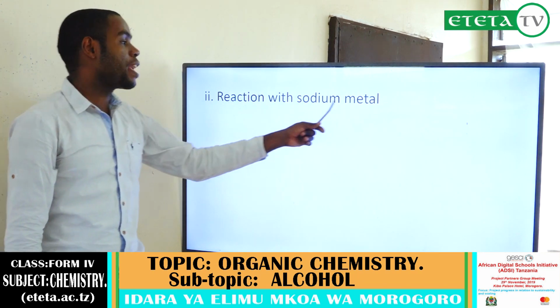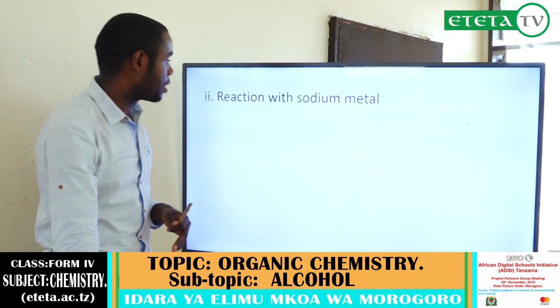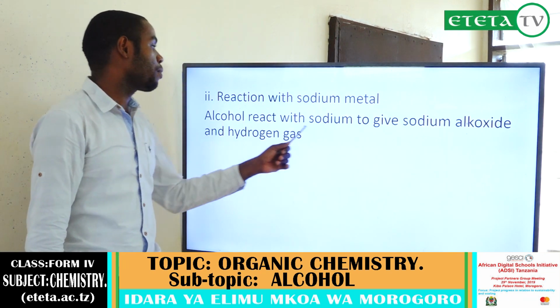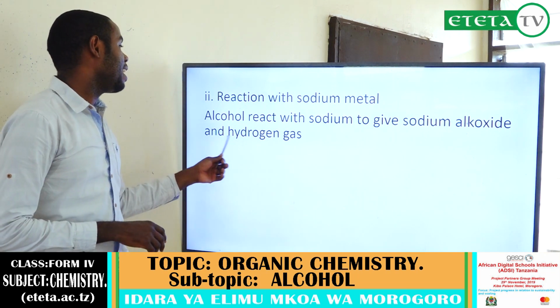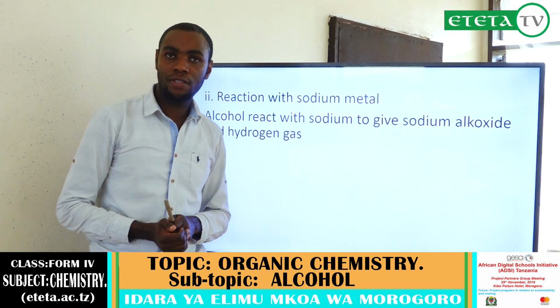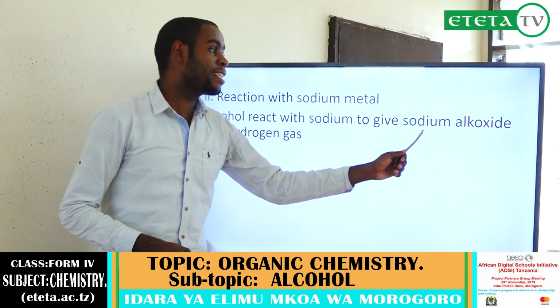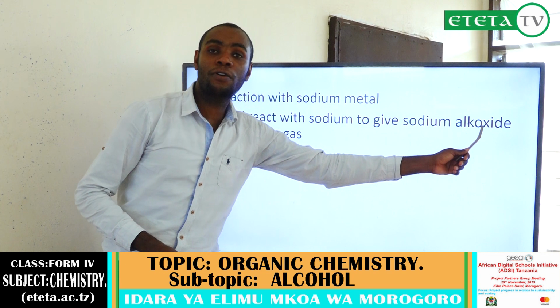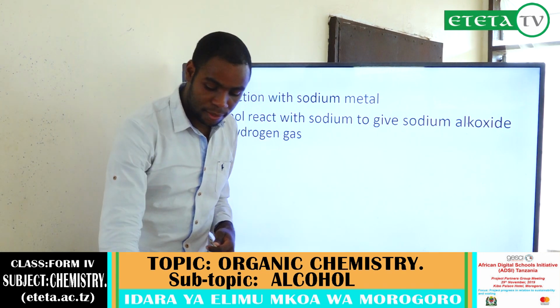Another reaction is with sodium metal. Alcohol reacts with sodium to give sodium alkoxide and hydrogen gas. So in the reaction between alcohol and sodium, the product is sodium alkoxide, and another product is hydrogen gas.